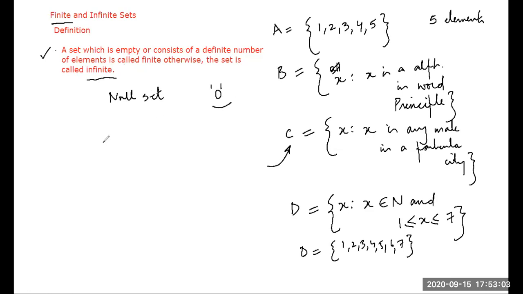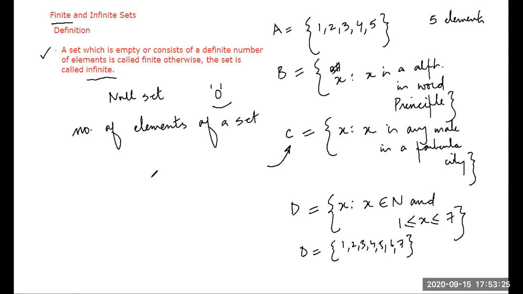Now, students, I also want to talk about one more thing, how we represent the number of elements of a set: the number of elements, number of members, or number of objects of a set.